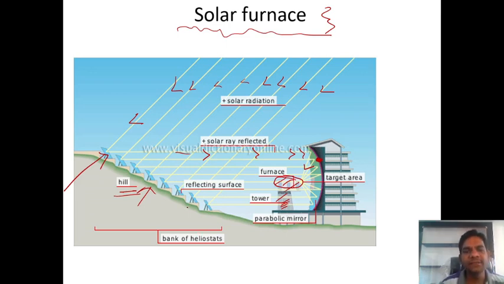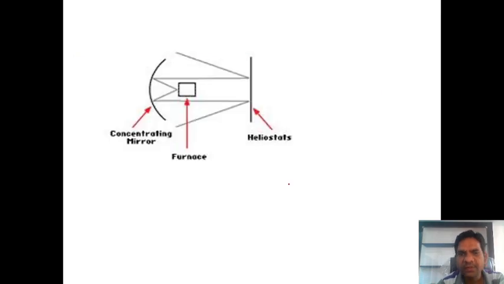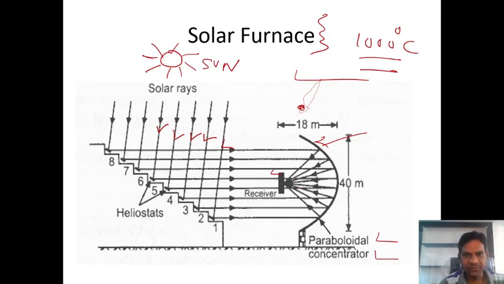Okay, and this is the bank of heliostats. Bank of heliostats means there are so many heliostats installed at the hilly area, and the function of these heliostats is to reflect the solar radiation toward the parabolic concentric collectors, and from this parabolic concentric collector toward the furnace guys. So you see here this radiation incident on the heliostats. There are so many small heliostats, a bank of heliostats.